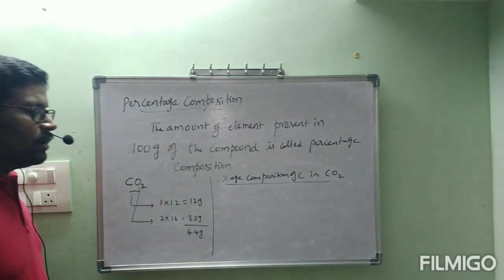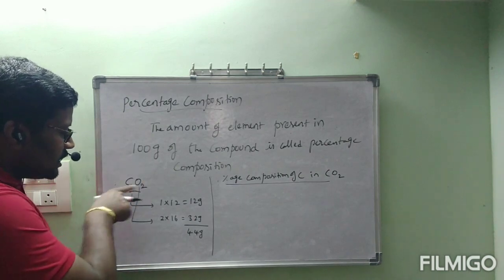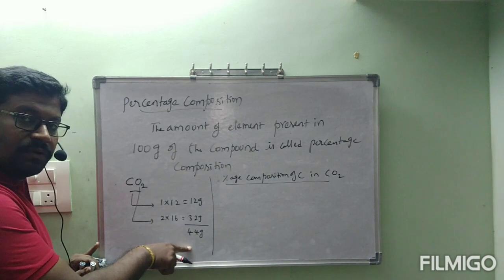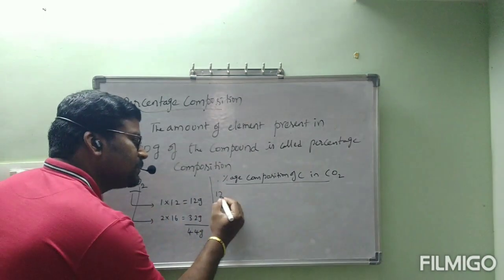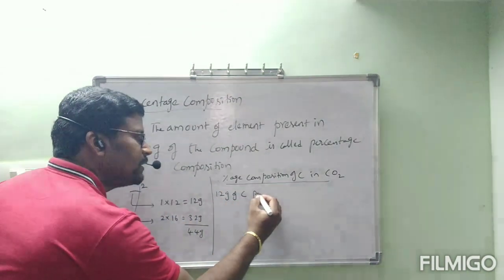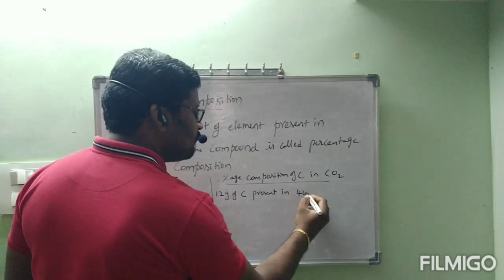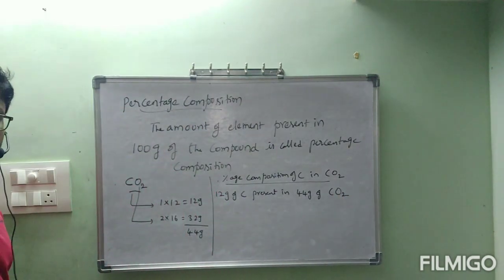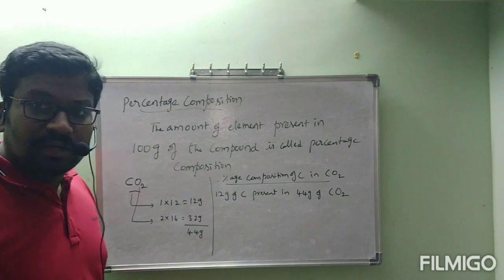Now the CO2 gram molecular weight is 44 grams. In 44 grams of CO2, how much amount of carbon is present? 12 grams. So the first point: 12 grams of carbon is present in 44 grams of CO2. Are you clear now?